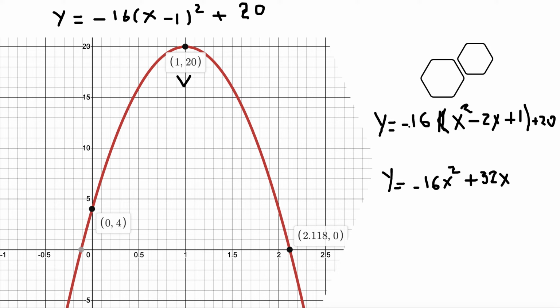And minus 16 times 1 is minus 16, plus 20 is plus 4. So now we found that y = minus 16x squared + 32x + 4, in the form y = ax squared + bx + c. So the earlier one is the vertex form that we found here, and this is the standard form, or the form y = ax squared + bx + c.